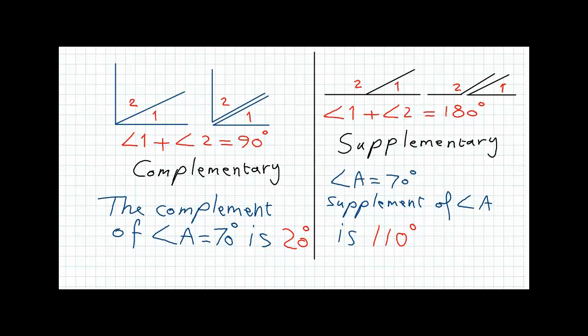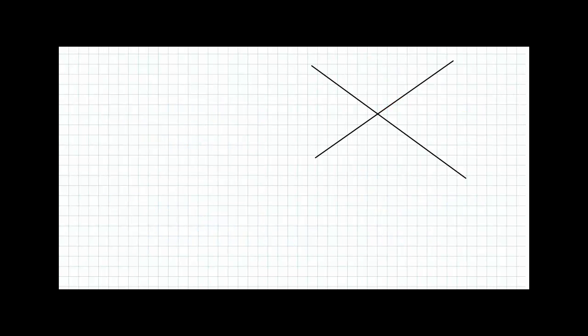And any two angles which are on a straight line, their sum must be equal to 180 degrees.